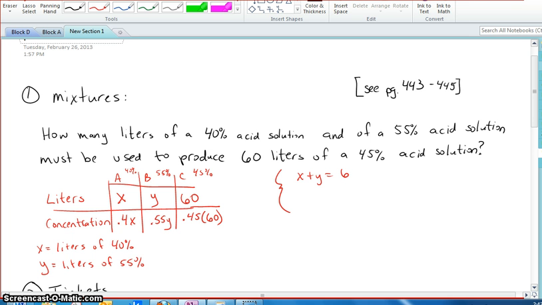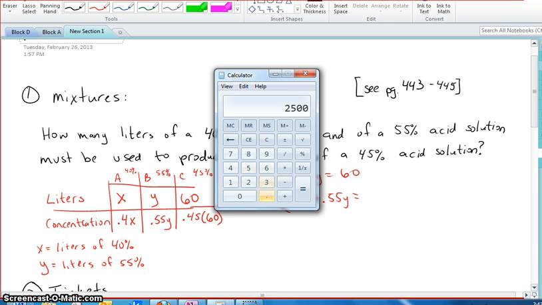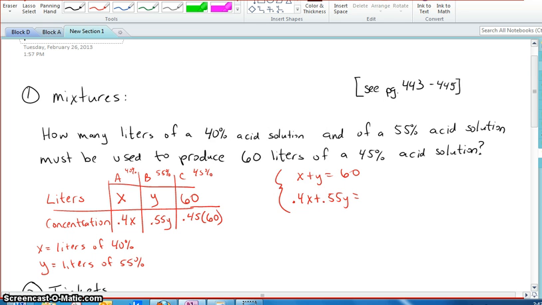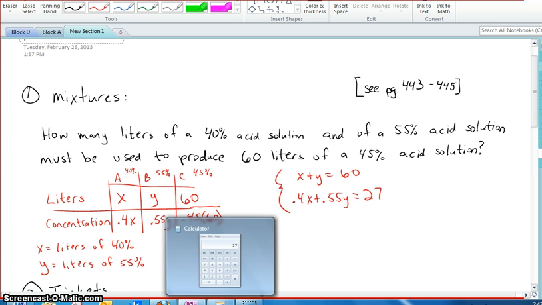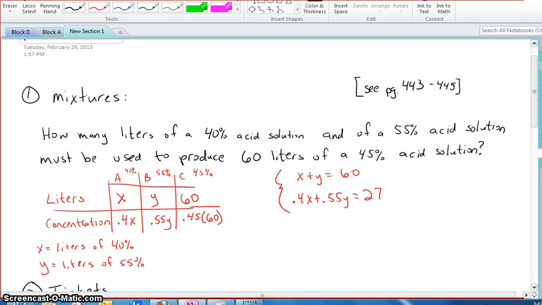X plus y equals 60, and 0.4x plus 0.55y equals 0.45 times 60. 0.45 times 60 equals 27. Now I have this system, and you can solve using elimination or substitution.